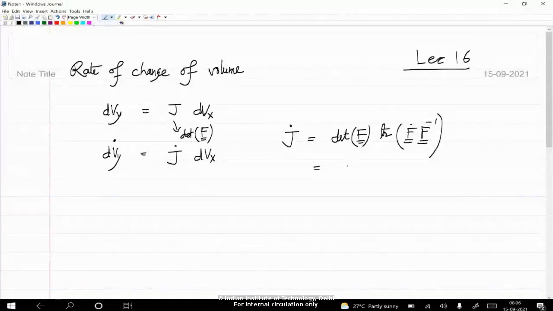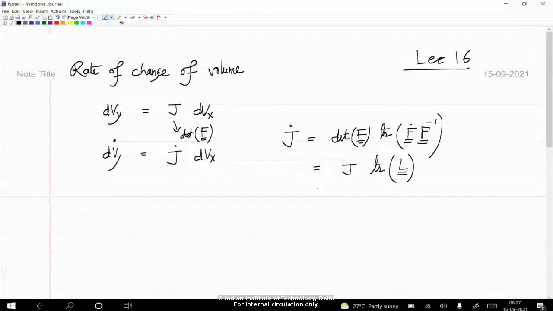So now the determinant of F is the same as J, so you can write it as J times trace of, and look inside, that's L, big L, isn't it? But big L being the Eulerian velocity gradient, and then you are looking at the trace of that big L, right?